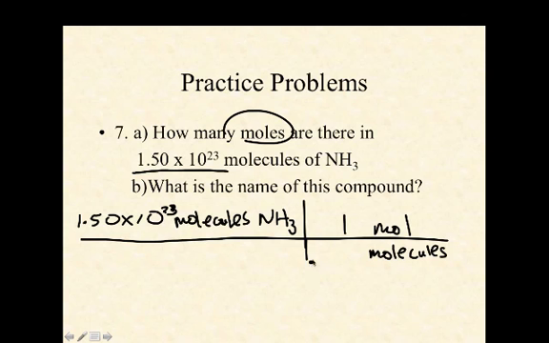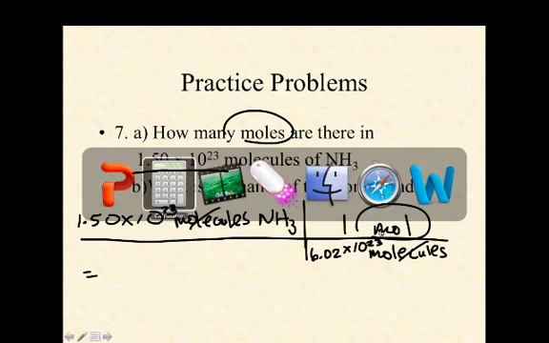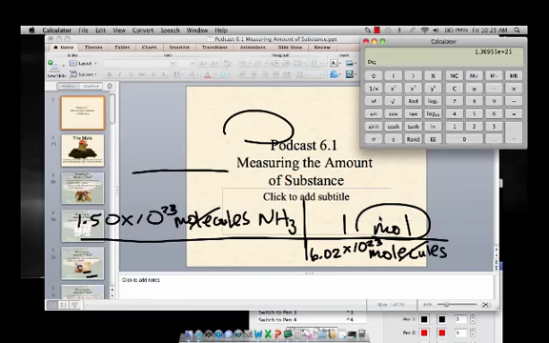So I always have 1 mole, right? How many molecules is that? Avogadro's number goes here. 6.02 times 10 to the 23. All right, now it's time for a calculator because I already changed molecules to moles. I got where I want it to be, right? Once you get to your target, you can't keep going or you won't be where you want to be anymore. 1.5 E23 divided by 6.02 E23.